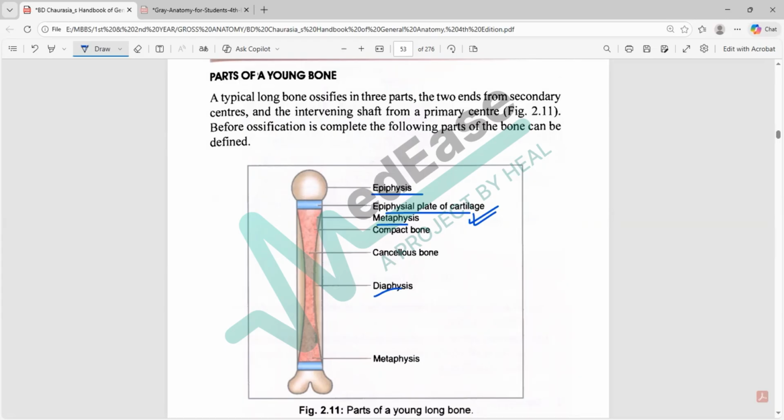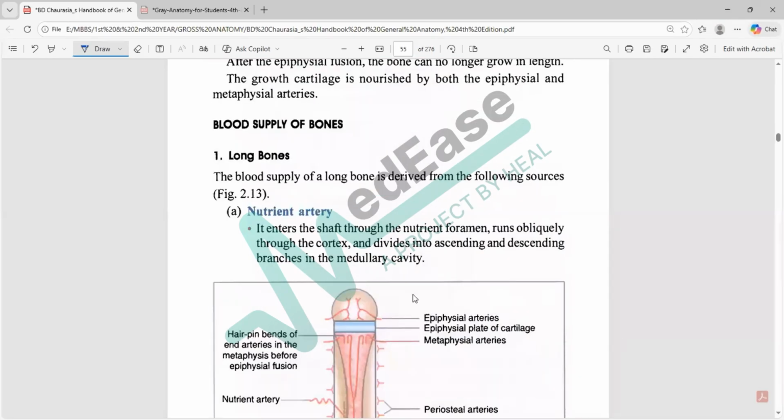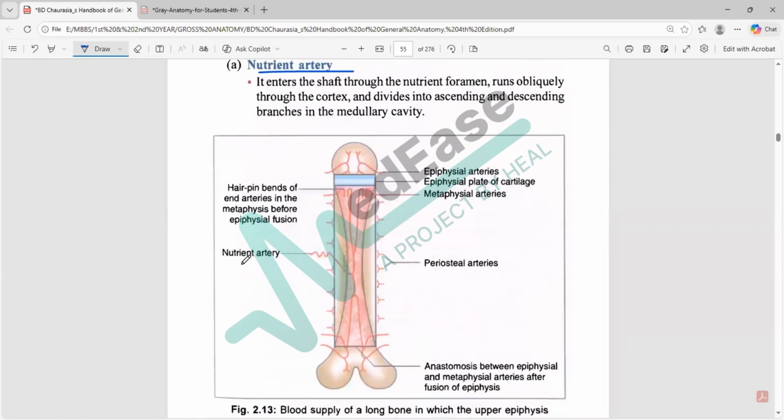Then we move further to the blood supply. For the blood supply, we need to remember there is a big nutrient artery which mainly enters the long bone, and it divides into the superior and the inferior branches. Then we have the periosteal arteries, which supply the periosteum.